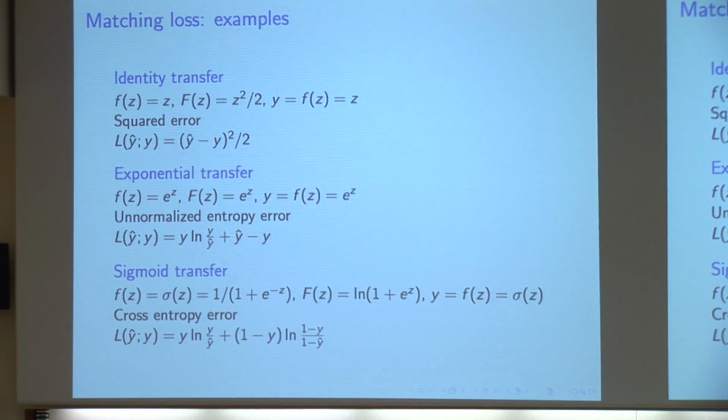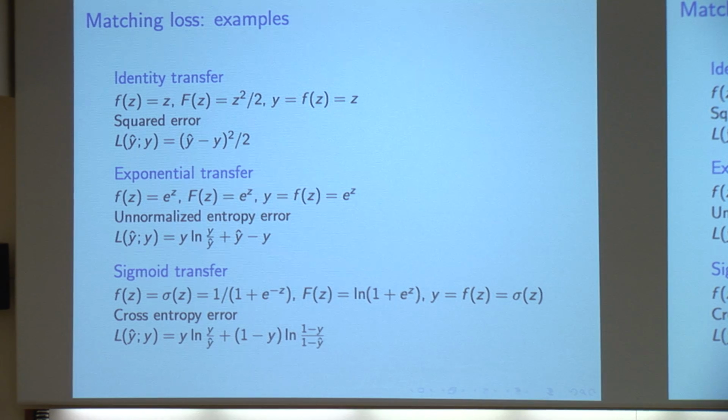If we pick an exponential transfer, then we do get a natural loss function here. It's called the unnormalized entropy error. It has some other names in information theory that I've forgotten off the top of my head, but anyway, this is a fairly famous loss function also.